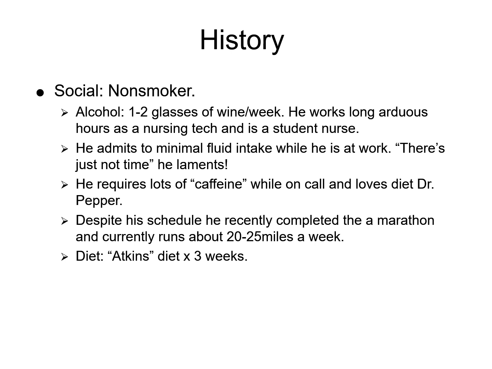Now, think about that history, y'all. Think about that as we look at this fella and we say, what do I see here? He's completed a marathon. He runs 20 to 25 miles a week. You think he might be a little dehydrated? He's on an Atkins diet. He's taking in lots of protein, lots of fat, and he's been drinking his caffeine.